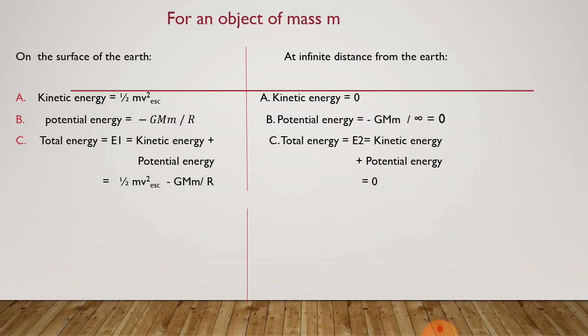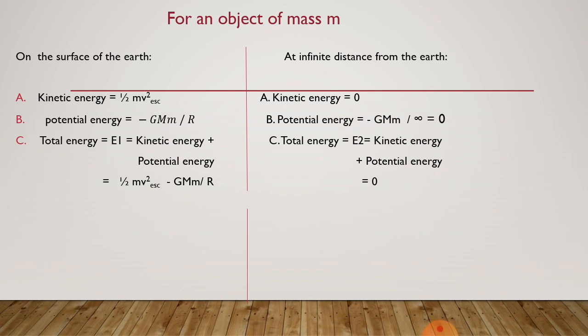If we come to an infinite distance from the surface of the earth, the kinetic energy becomes 0. Why 0? Because at a big height from the earth's surface there is no speed, no motion. Then the potential energy is minus G M m divided by infinity, which will also become 0.